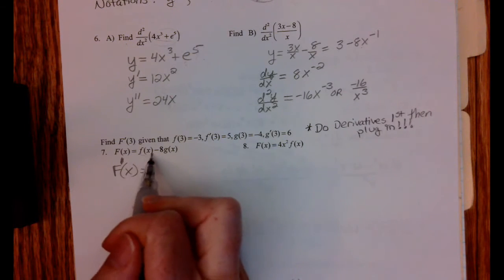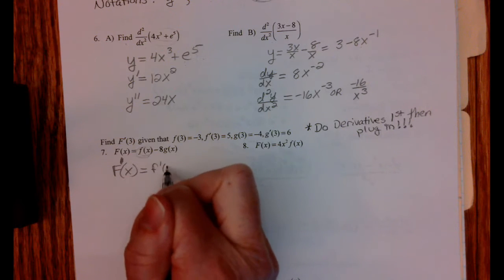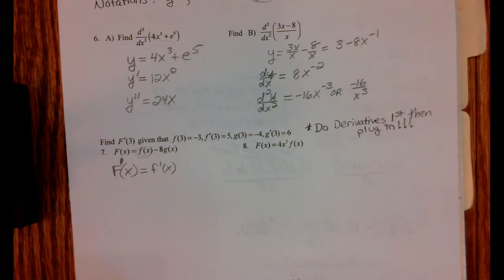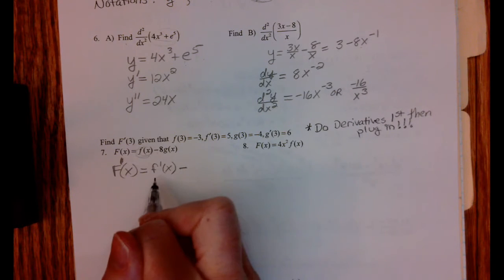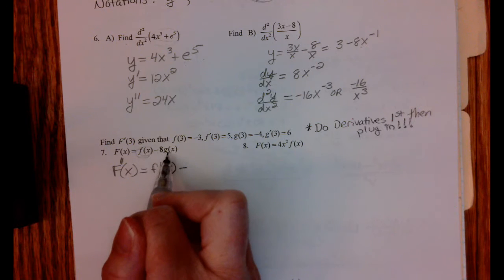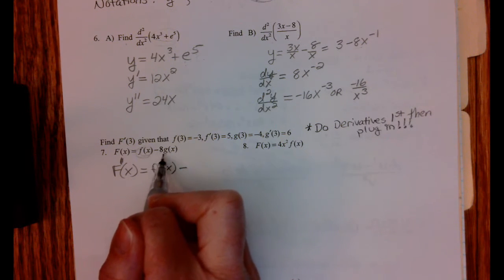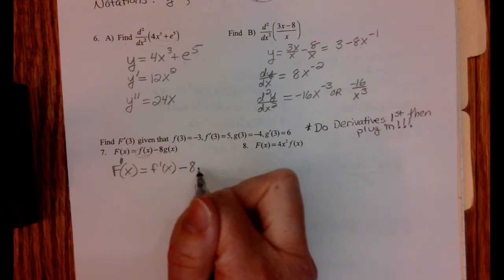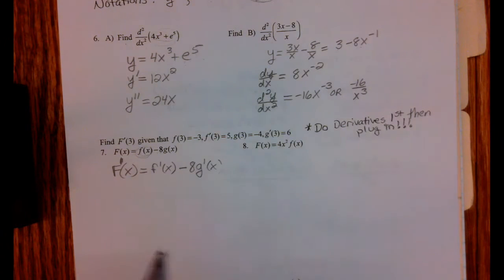So the derivative of little f becomes little f prime of x. This is a difference, so I'm going to apply the difference rule where I'm going to do each one individually, but it has a constant being multiplied by the g. Constants are multipliers that get carried along, so this becomes 8 times g prime of x.